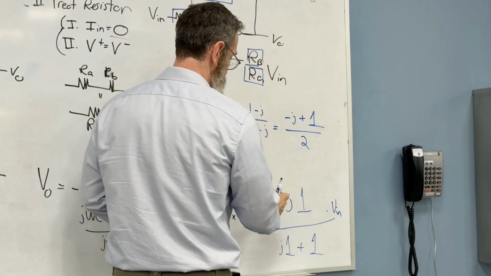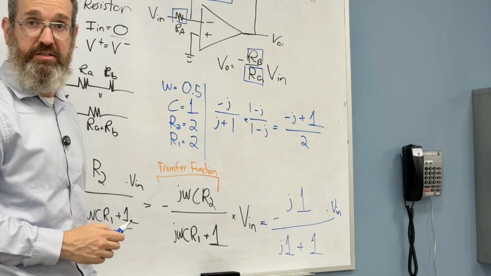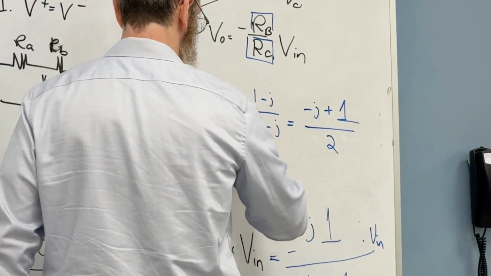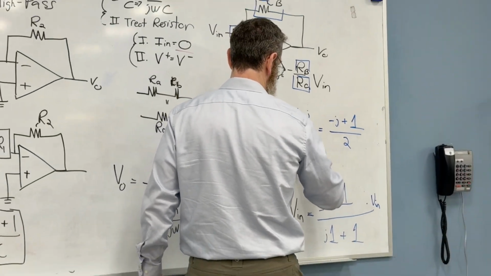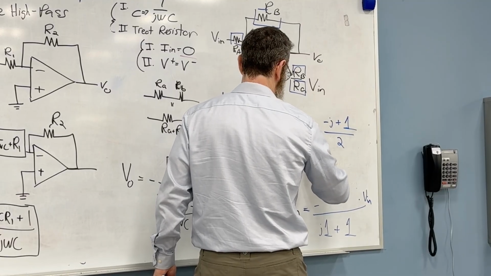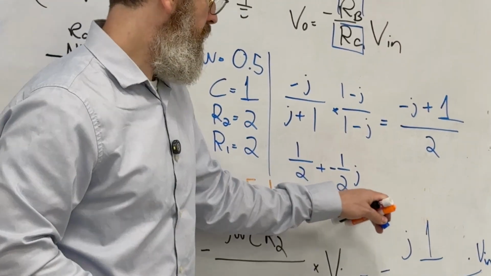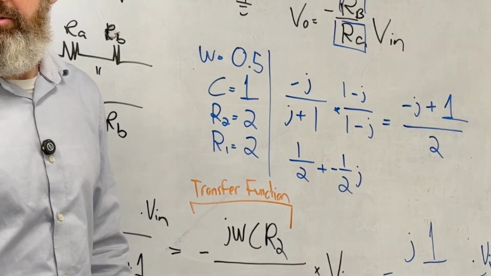And so now I can write this out in terms of this a plus bj form to make it explicit. So I'm going to write this as 1 half plus a minus 1 half j. All right? A plus bj, right? Let me know if you see any mistakes, okay?